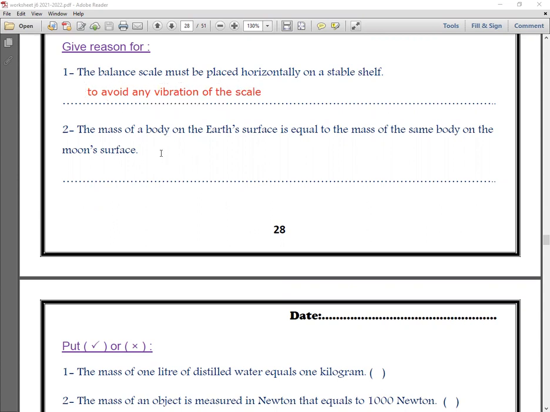Number 2, the mass of a body on the Earth's surface is equal to the mass of the same body on the Moon's surface. Why is the mass equal?